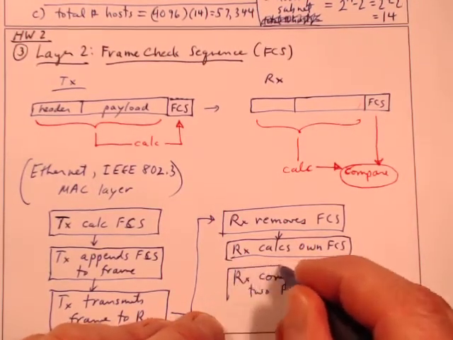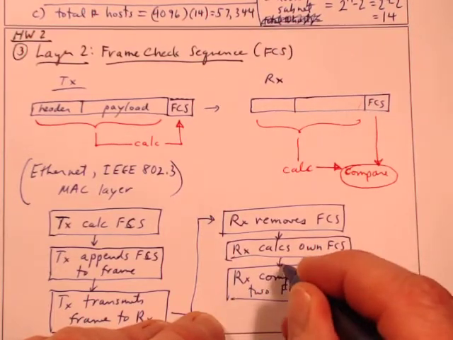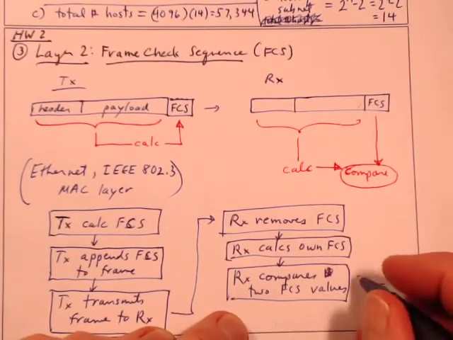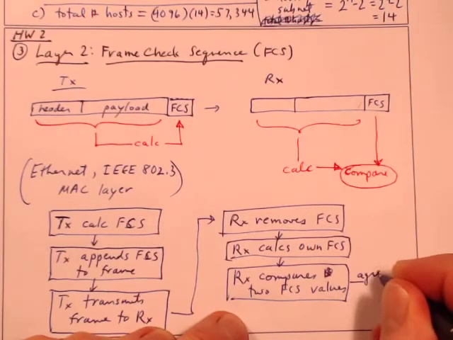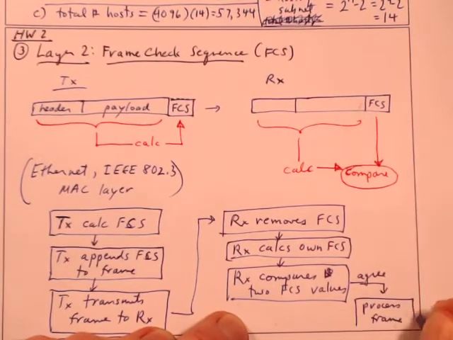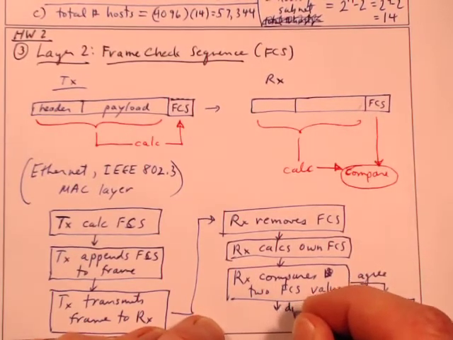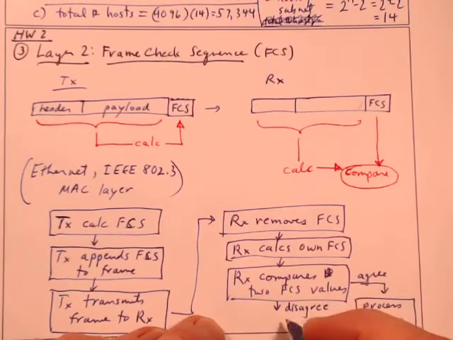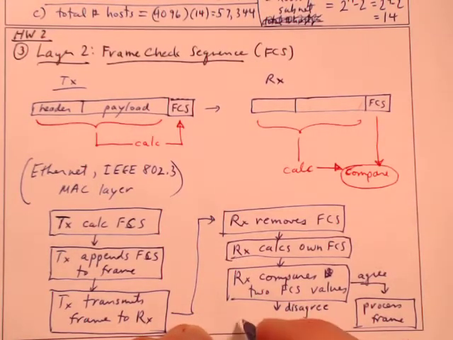And remember, they're 32 bits long. It's 4 bytes at the end of every frame. If they agree, then we process the frame. If they disagree, then we discard the frame.